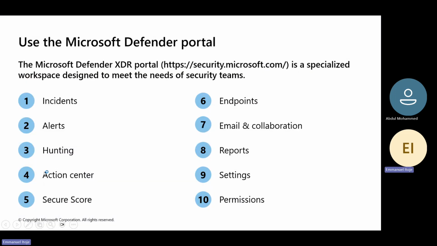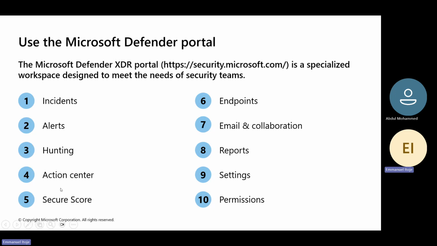So for the Microsoft Defender portal, apart from looking at all those different portals, there's something that we actually see in the Defender portal. By the time we sign in, we'll see some of these things. The first one is incidents. The second one is alerts. The third one is hunting.